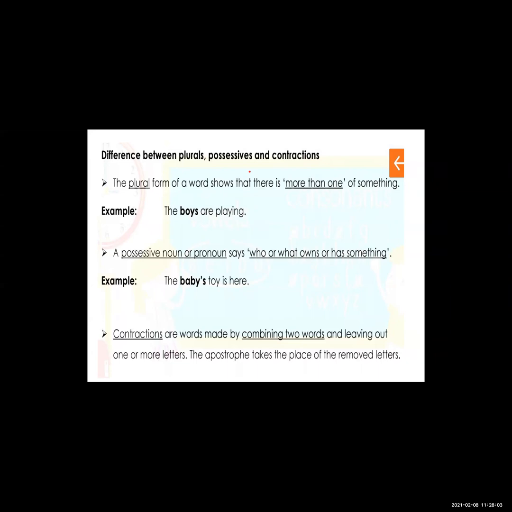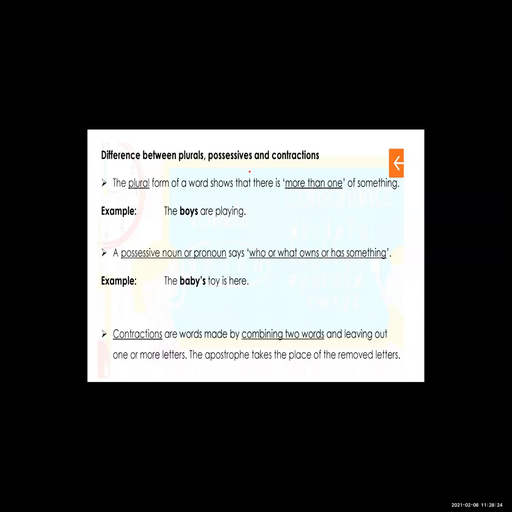Okay, see, the boys are playing. Here, boys means what? One boy playing? No, more than one boy is playing. What is the meaning of plural? The plural form of a word shows that there is more than one of something.